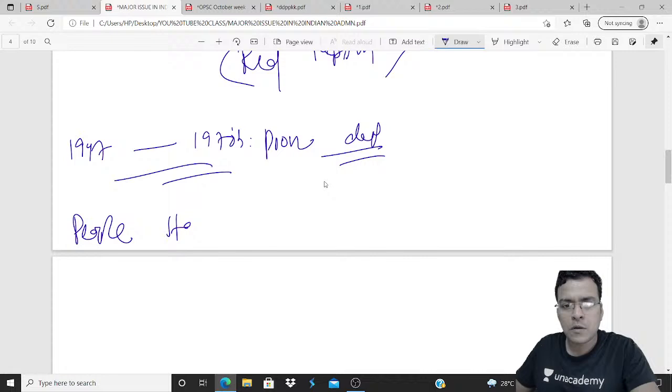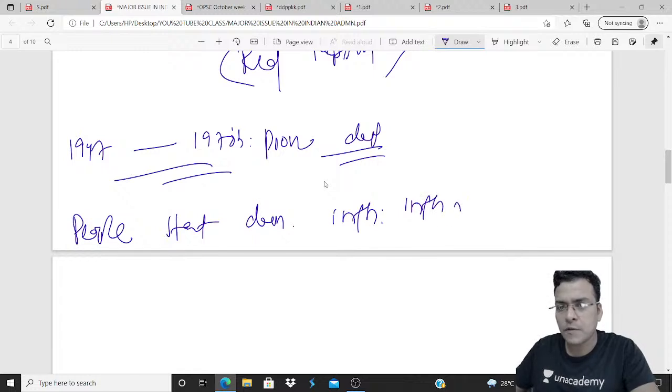So people started demanding information. So there is an information revolution.